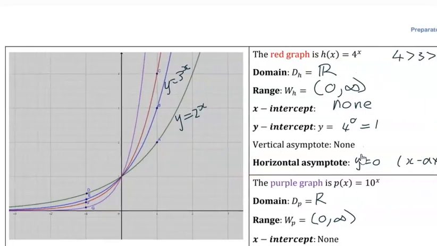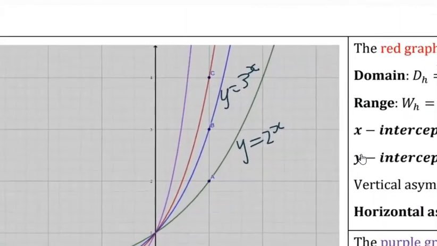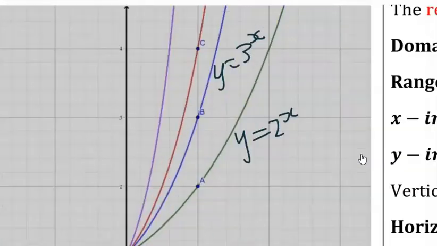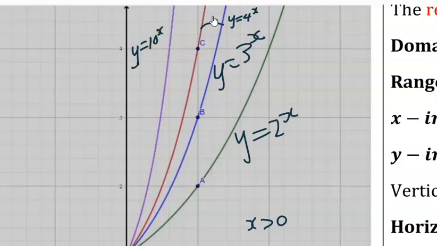Again, if I look here on the graph, I will notice that for x greater than 0, y equal to 2 to the x is smaller than y equal to 3 to the x, is smaller than y equal to 4 to the power of x. This is y equal to 10 to the x, the purple one.